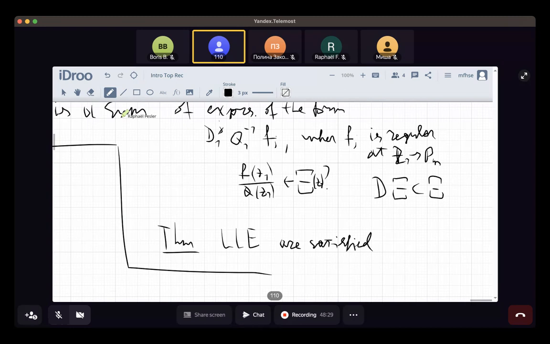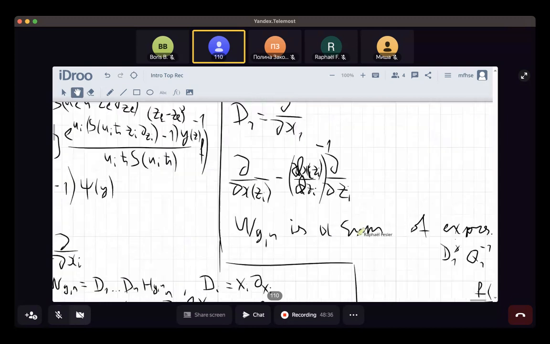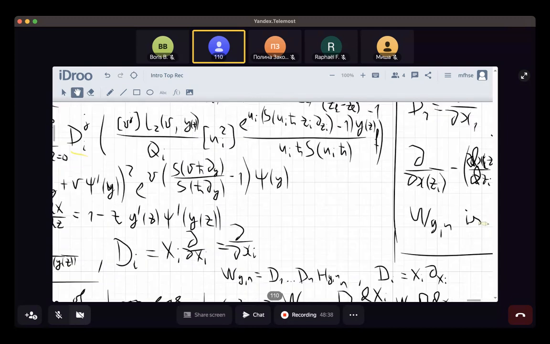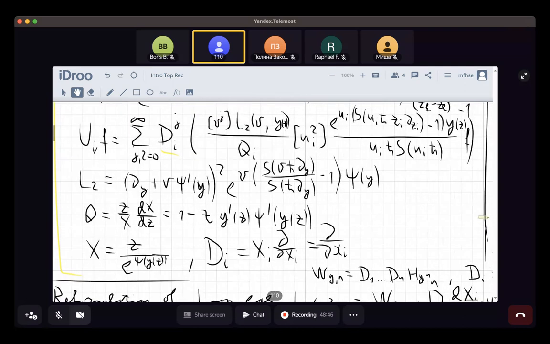Here I'm a little bit not completely careful. Remember that Ψ contains meromorphic functions, the space Ψ. So in order to say everything like that, we need to say that our W's are meromorphic functions.